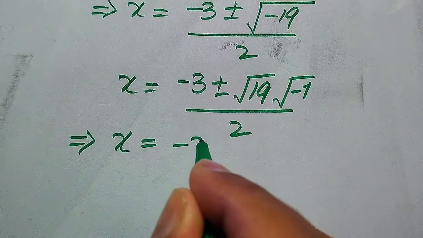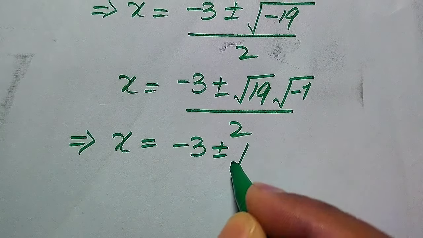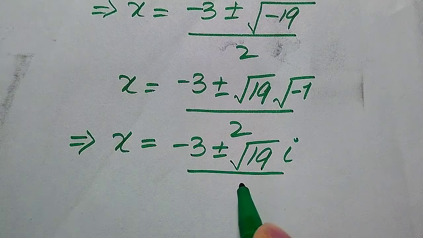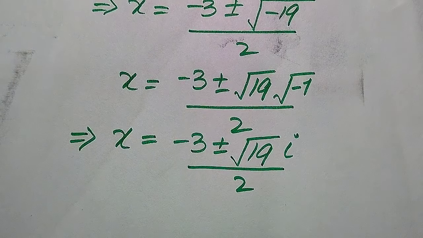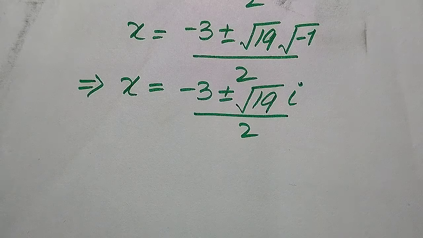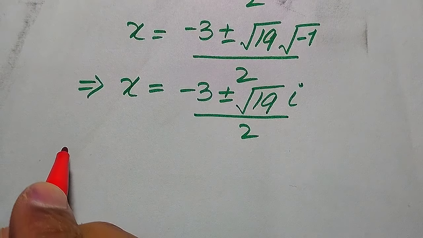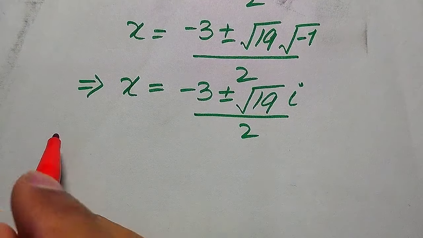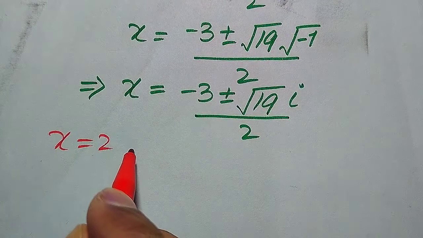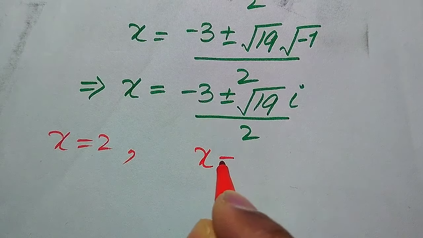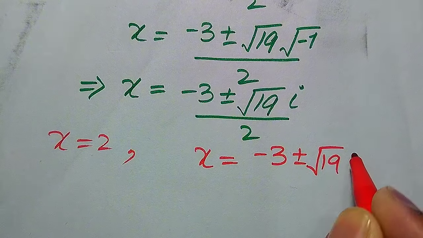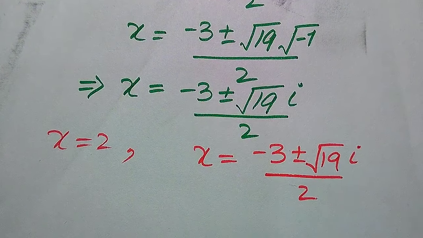So we write it as minus 3 plus minus square root of 19 into iota, divided by 2. These are the two complex roots of the given equation. Finally, the three roots are x equals 2, and the two complex roots, minus 3 plus minus square root of 19 into iota, divided by 2.